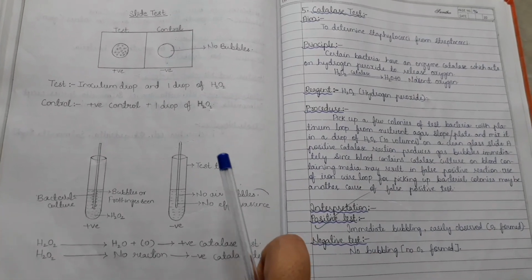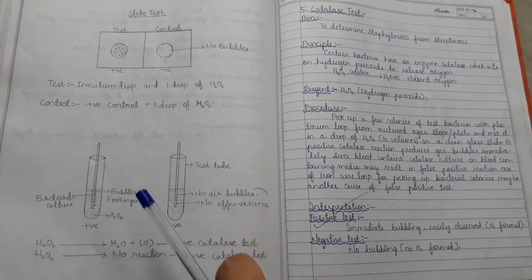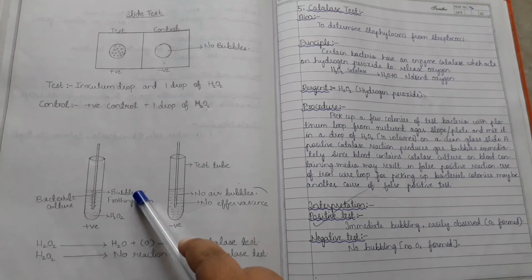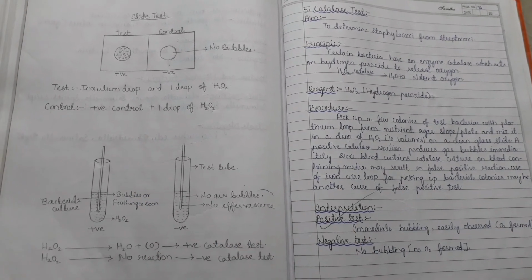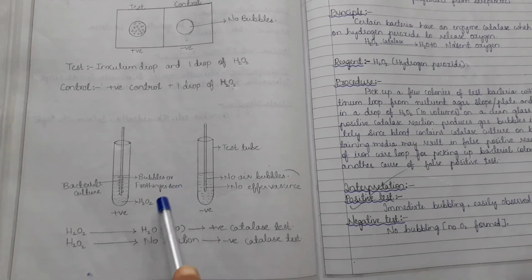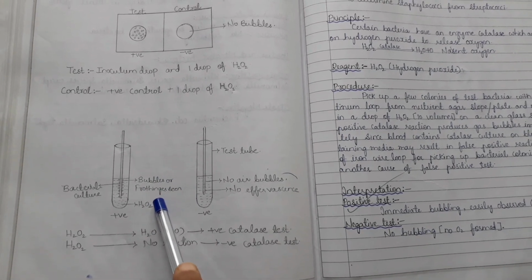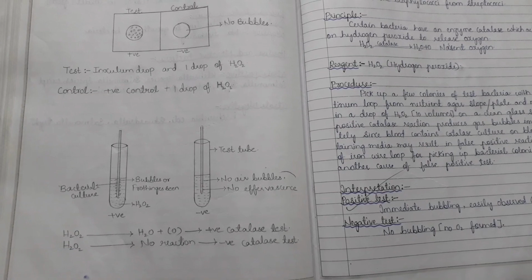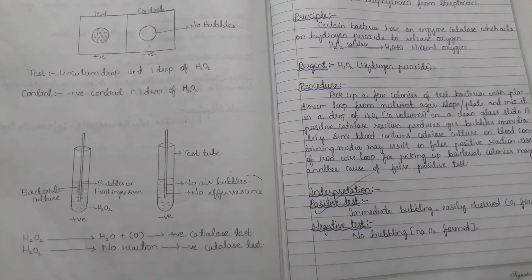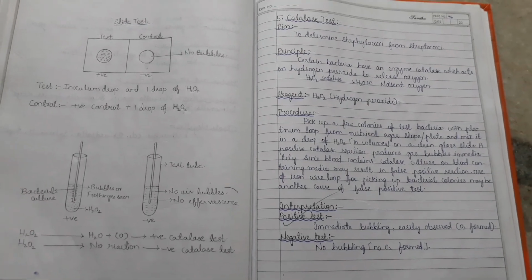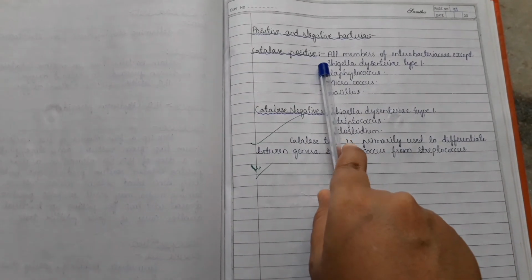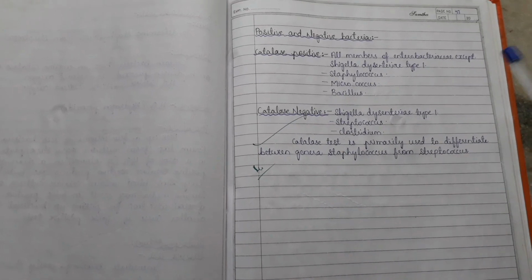When we do it in the tube, with H2O2, by adding bacterial culture we can see bubbles or frothing. So yeah, this is the positive and this is the negative test. So these are the catalase positive and catalase negative bacteria.